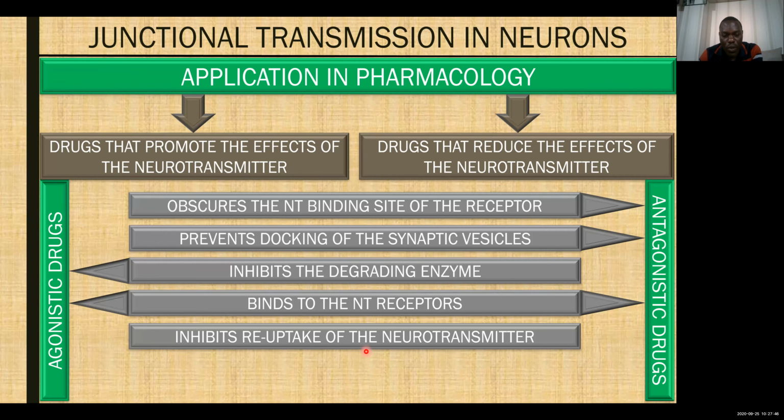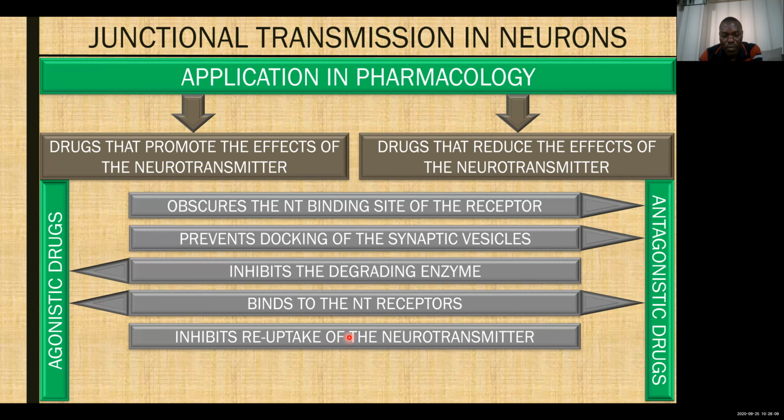The reason is because if you inhibit reuptake, it means that the neurotransmitter will be more available within the synaptic cleft. And that means that more neurotransmitter will be available to bind to its receptors on the postsynaptic membrane.